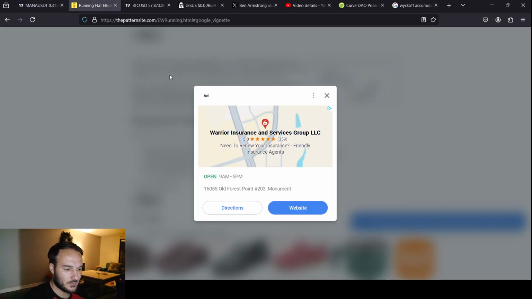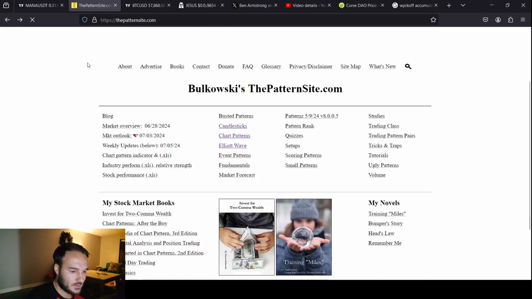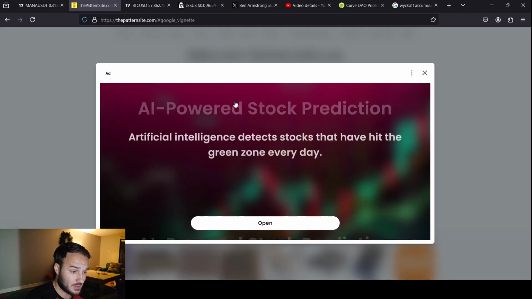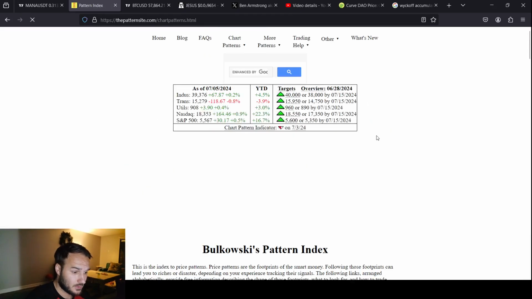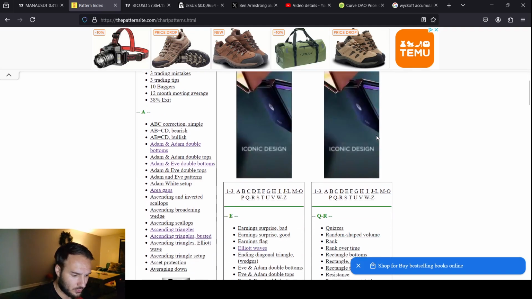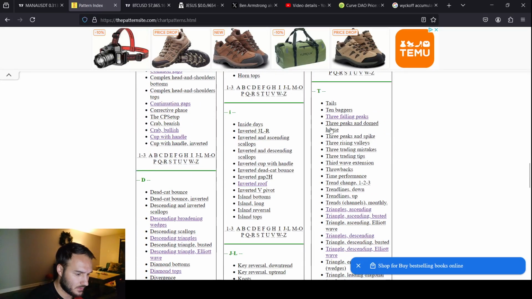Let's actually look that up. Let's see on the pattern site here. Let's figure it out. Here we go, chart patterns. Would that be it? All these ads. Thomas is getting paid, man. Triple, it would be under T's.